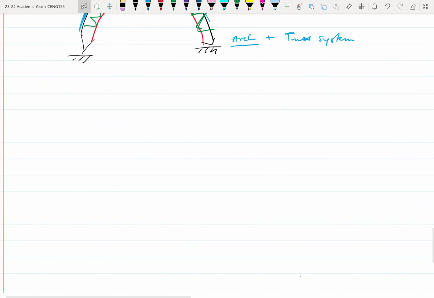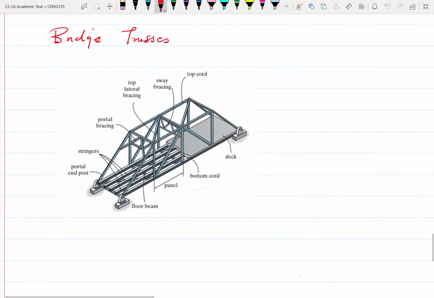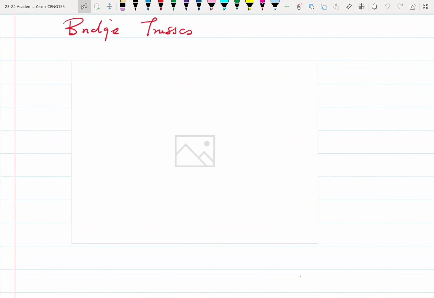Now let's look at bridge trusses. Some of them are quite common. I think at the beginning of the course, we looked at a typical bridge to understand an example of a truss. So here we have a bridge truss.